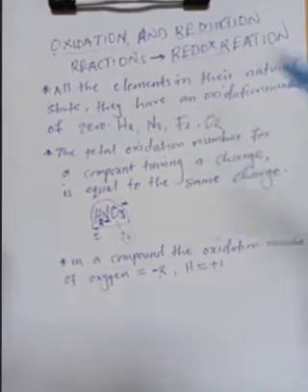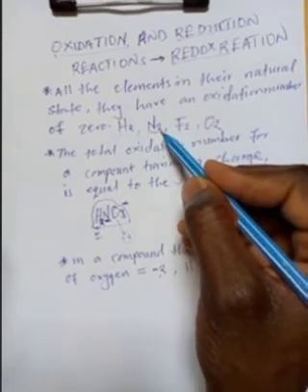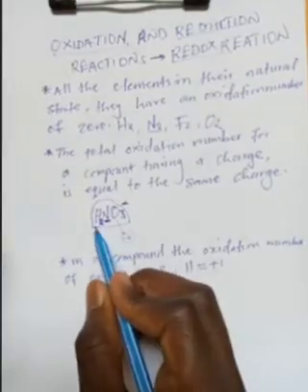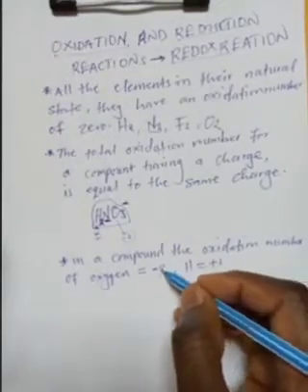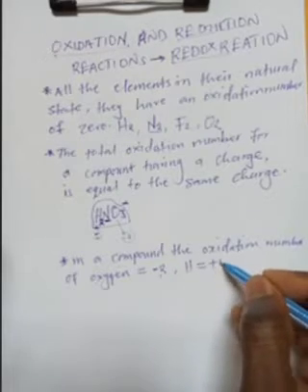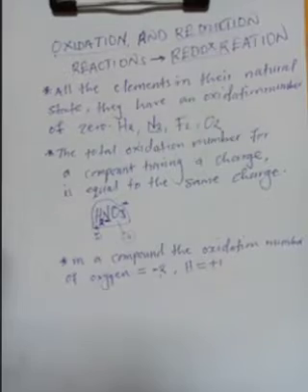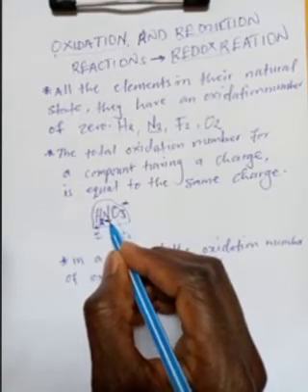Same applies even to this one. So here, since in a compound, this is going to have 0. And then in a compound, the oxidation number for hydrogen has to be positive 1. For oxygen, you must have negative 2. Meaning that here we're going to focus on this part to find its oxidation numbers.